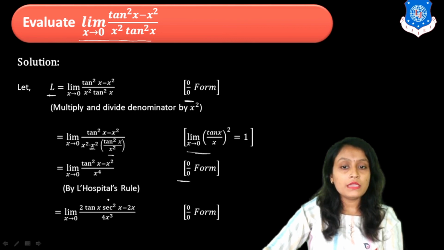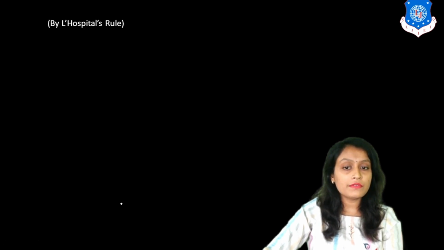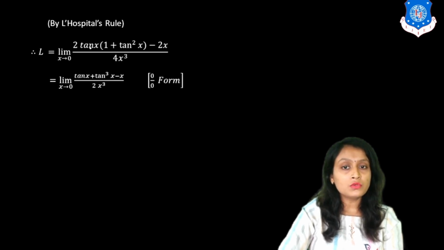Now in place of sec square x, we will write 1 plus tan square x, so 2 tan x into 1 plus tan square x minus 2x upon 4x cube as it is. Now multiply this tan x inside, take 2 common and cancel with this 4. So you will get tan x plus tan cube x minus x upon 2x cube.